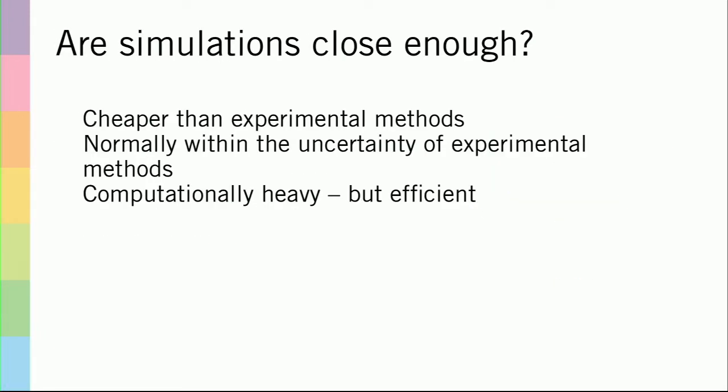This also poses a question: how can we make sure that simulations are close enough? They are cheaper than experimental methods, because experiments take a lot of time and a lot of work, but simulations can work on their own in the background. Normally they are quite precise.